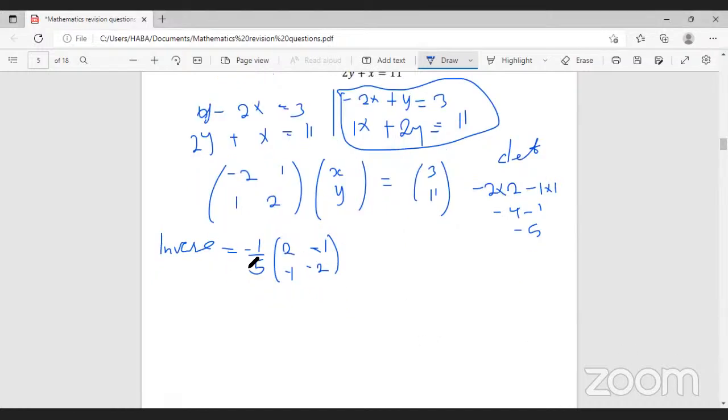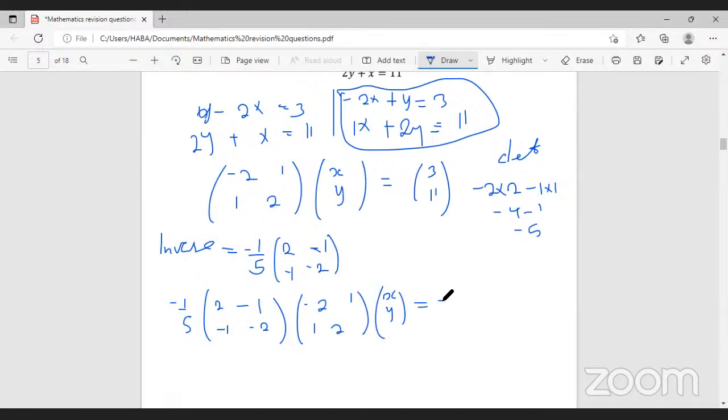So we are now going to pre-multiply by the inverse on both sides. Isn't it what you've been doing using this matrix, Aaron? Yes. So we multiply by the inverse now. So negative 1 over 5 into 2, negative 1, negative 1, negative 2. So we are pre-multiplying, so we multiply by this: negative 2, 1, 1, 2, then into x, y.